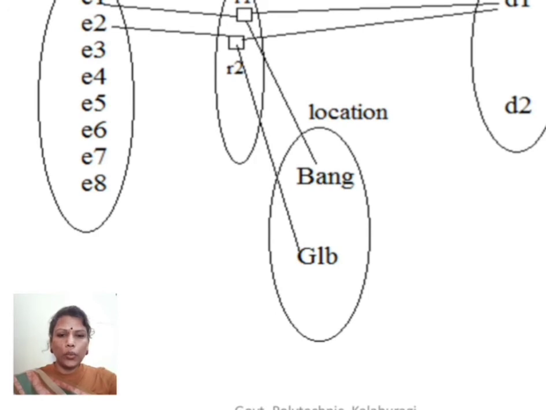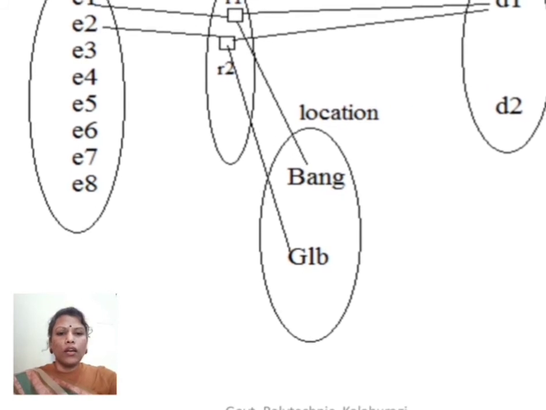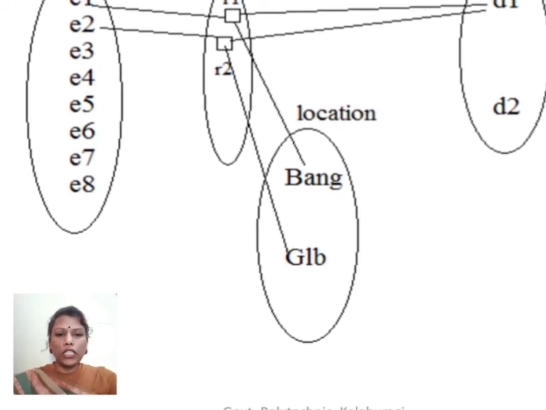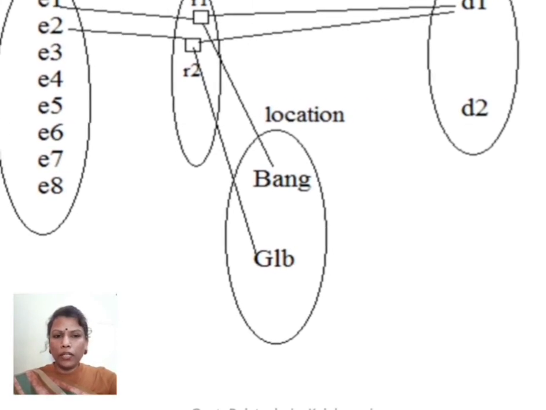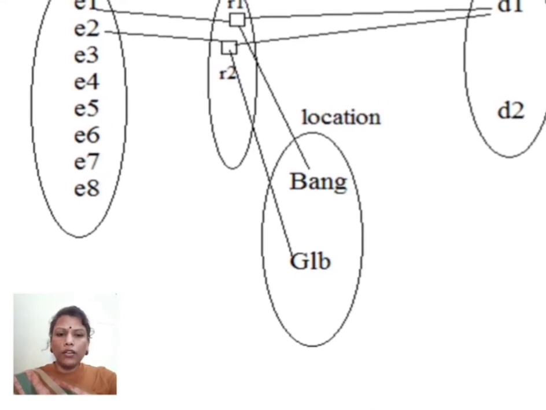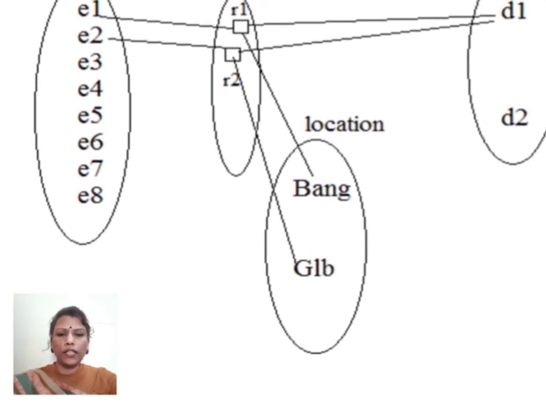Let's see another example. Employee E2 is participating in a relationship R2, with the instance D1 from the department entity type and the instance Gulbarga from the location entity type.